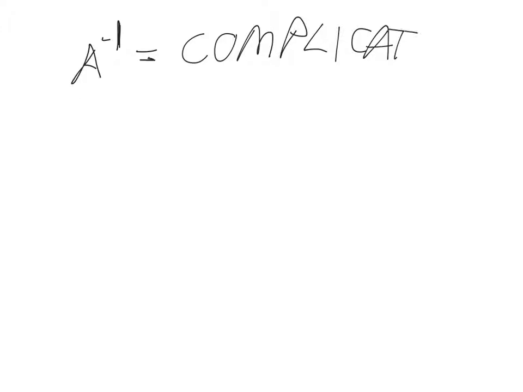That doesn't work. So this gets very complicated very quickly. Okay. In the case of the 2 by 2, there's actually a simple way, and I'll show you how to do that right now.